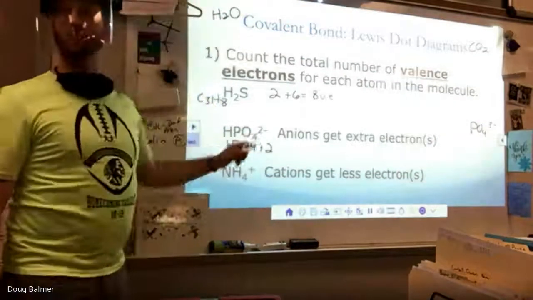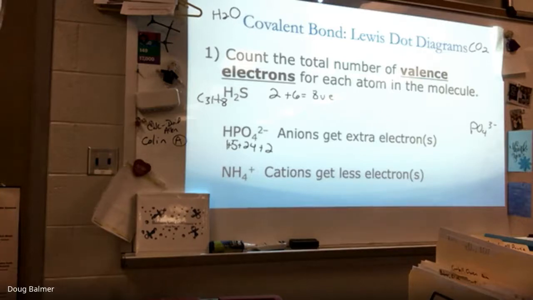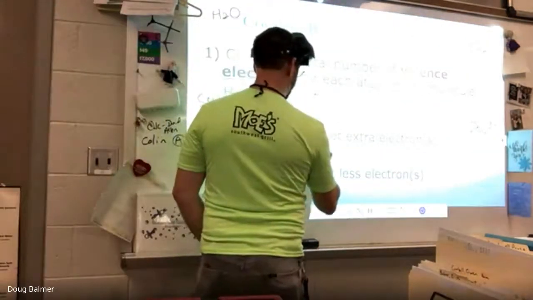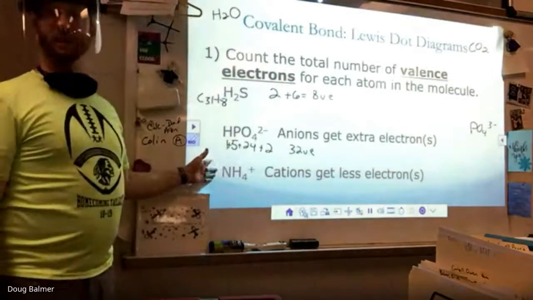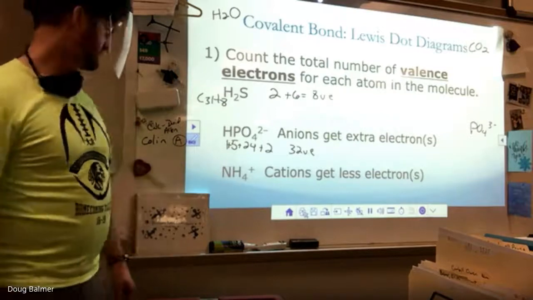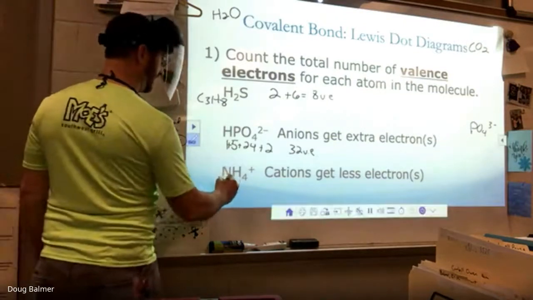Sometimes people want to subtract negatives, but keep in mind, we're counting electrons. If it's a -2, you have extra negatives. 2 extra negatives. Add that all up, you get what? 32 valence electrons. And if for some reason it would be a positive polyatomic ion, you're going to have to take away electrons. So N gets how many valence electrons? 5.